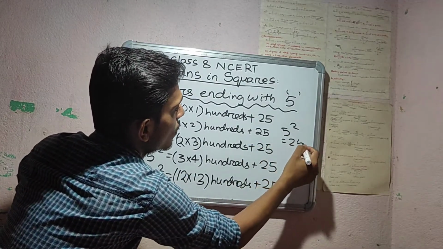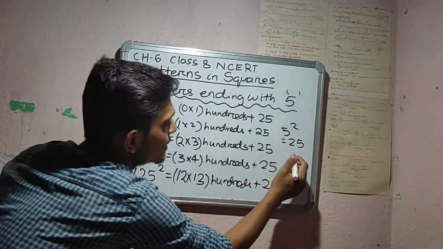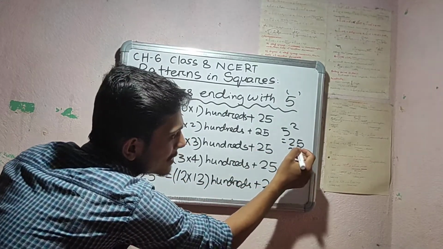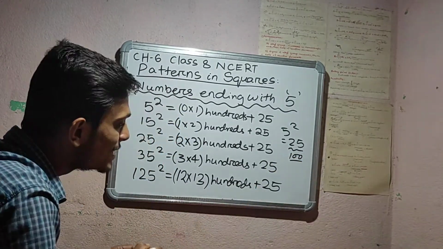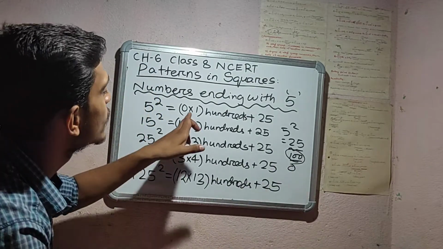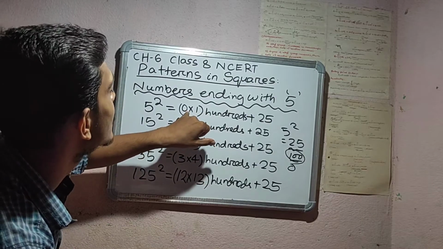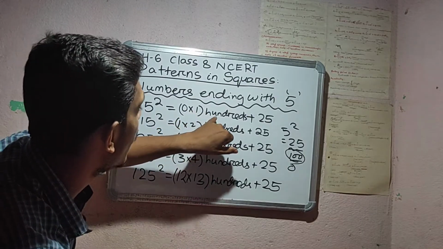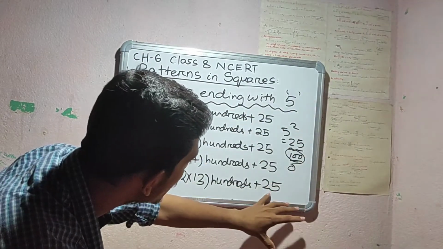We already know it is 25, but this is not 3 digit, this is 2 digit, so there is no 100. So for our generalization we take 0 multiplied with 1 hundreds plus 25. In all the numbers you have to add 25.